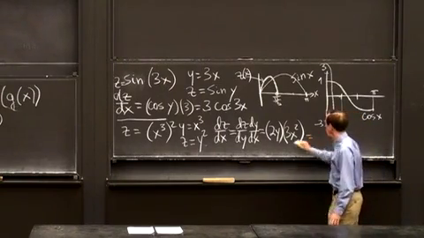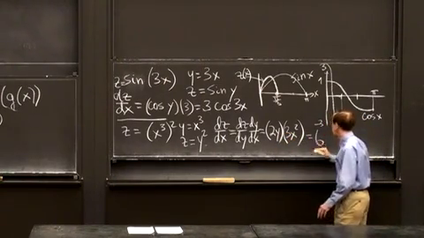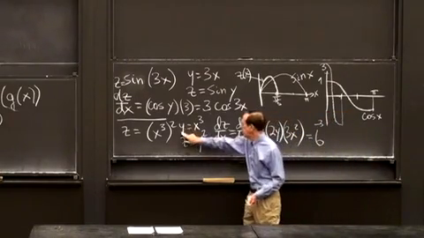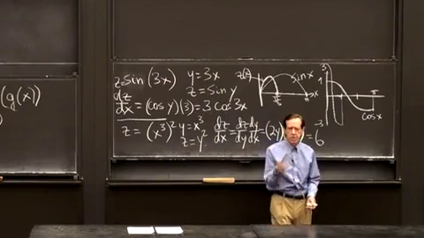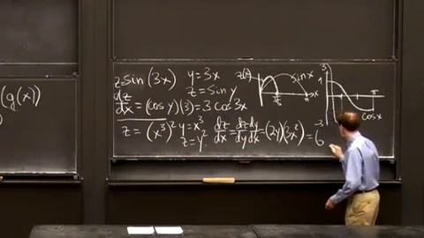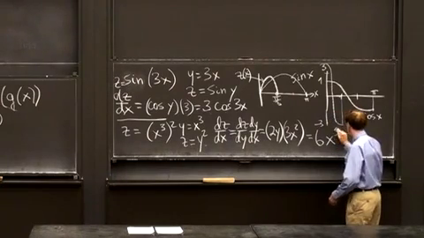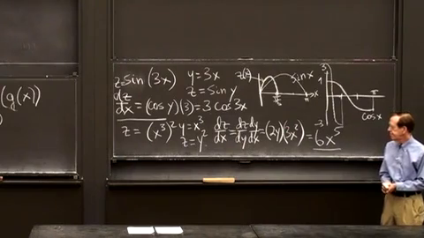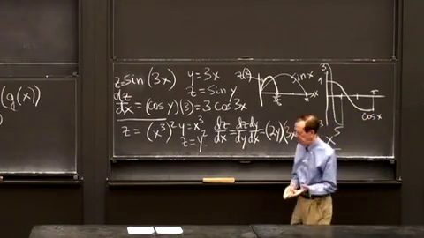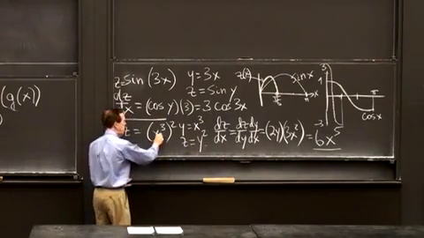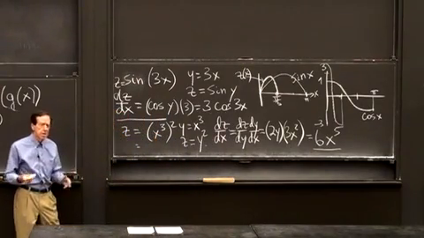So I have altogether 2 times 3 making 6. And that y, I have to go back and see what was y in terms of x. It was x cubed. So I have x cubed there, and here's an x squared. Altogether, x to the 5th. Now, is that the right answer? In this example, we can certainly check it, because we know what x cubed squared is.